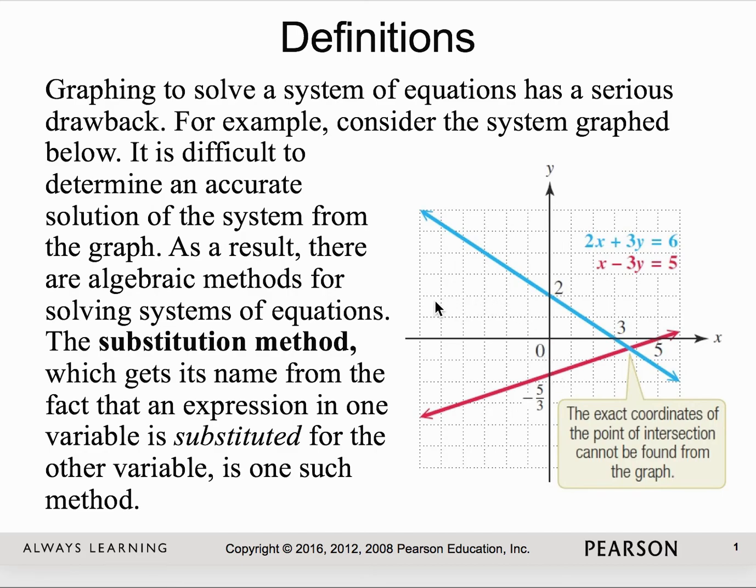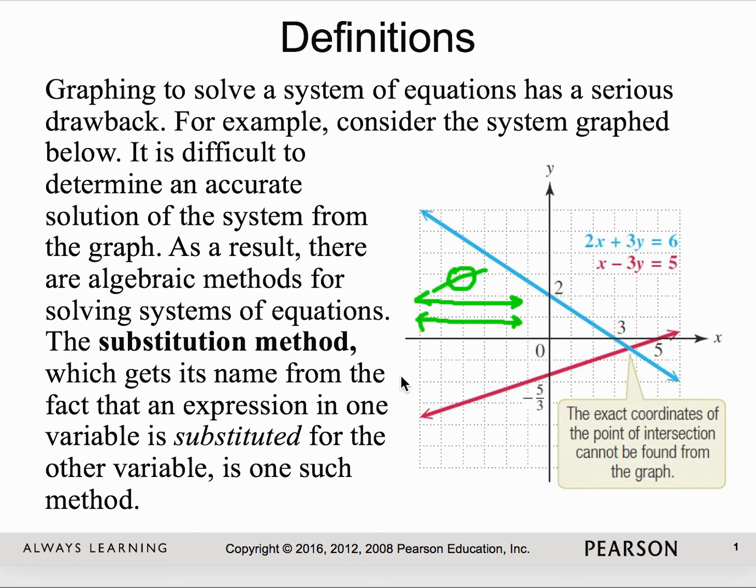Okay, now before we move to the others, think about a couple of things that can happen with a system of equations. You might have two lines that never intersect, right, if they're parallel. So if they never intersect, there's not going to be a point that's on both lines, and so we're going to get no solution.